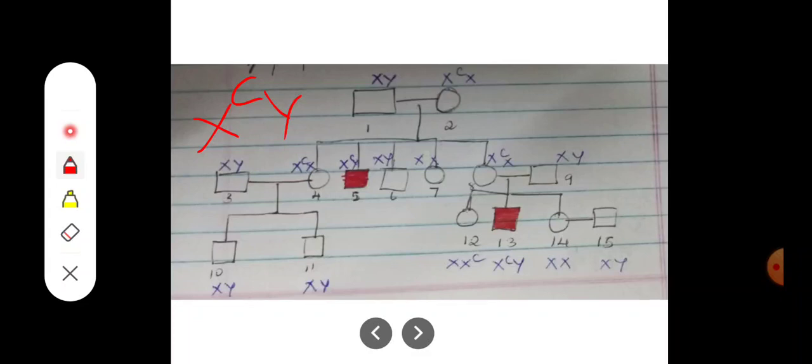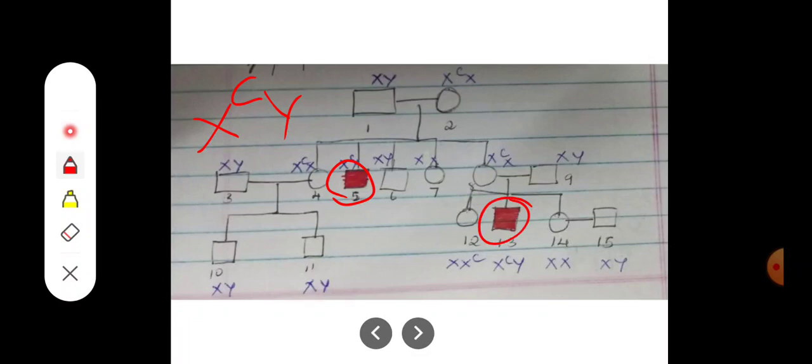It is not a Y-linked disease, right? So it is not necessary for the gene to be on the Y. If it is on the X, then surely that male child will be a diseased person. Clear? So the genotype of these 2 individuals will be XcY.